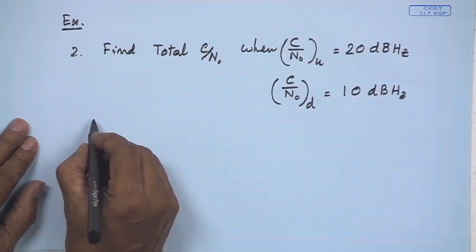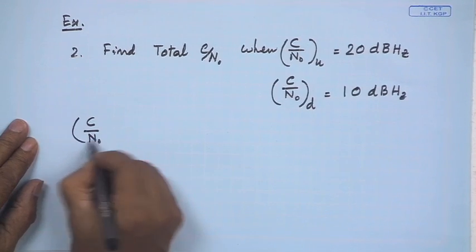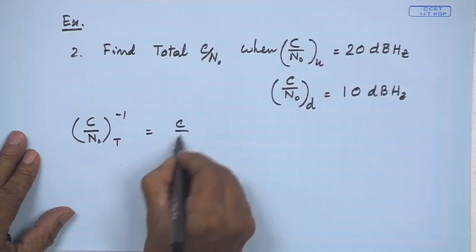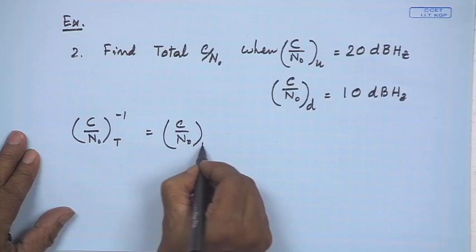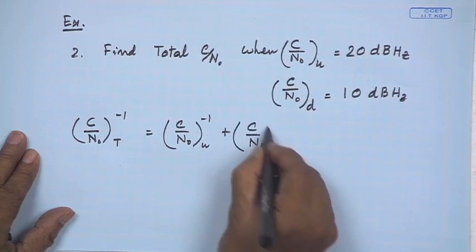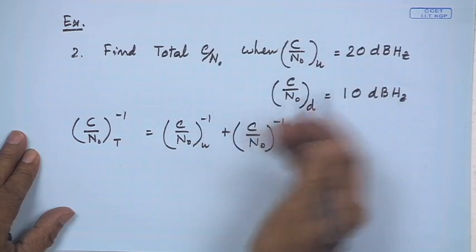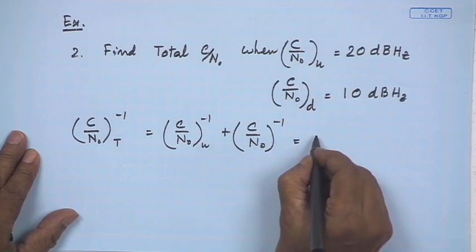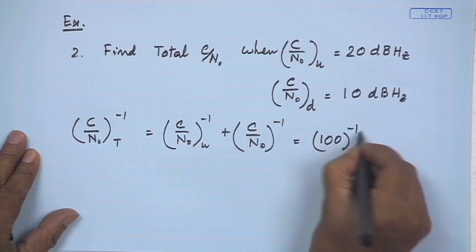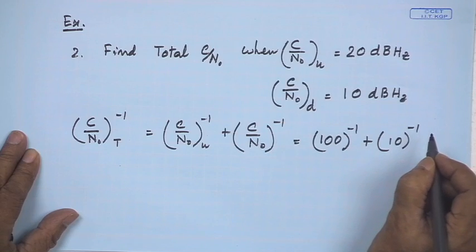So, C by N 0 total is equal to C by N 0 up inverse plus C by N 0 down inverse, and we said calculation has to be done in ratio. So, we convert that. 20 dB means 100 inverse plus 10 dB is 10 inverse.